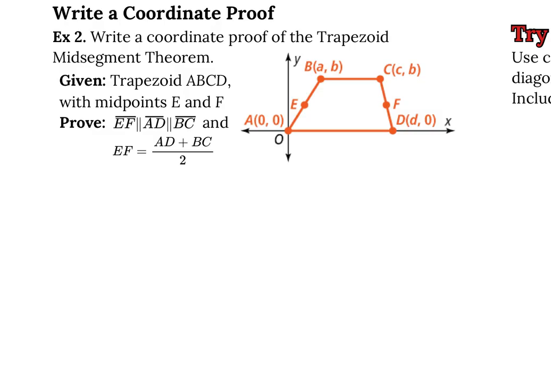So the first thing that we would want to do is prove that our slopes are equal to each other of that midsegment. So the first thing I have to do is actually find these points to prove that my slopes are equal to each other. So first thing I need to do is find the coordinates for E and F. So I'm going to use my midpoint formula to find those coordinates.